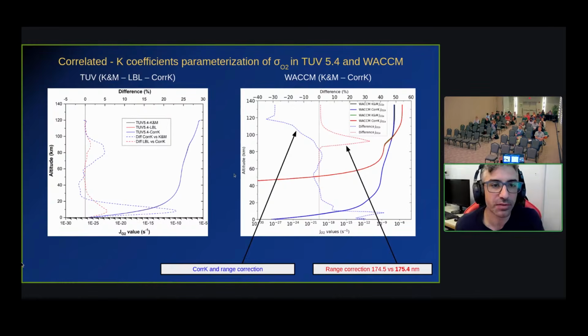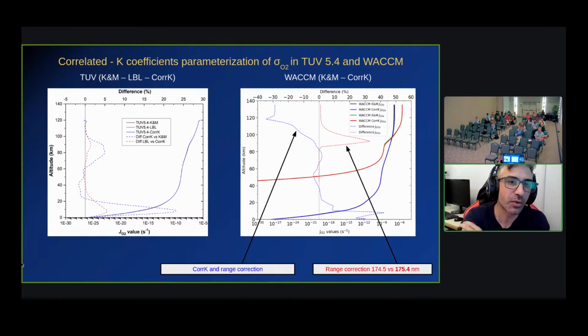So the difference we can see in this J value and the J values a is because we are amplifying the Schumann-Runge continuum range. The differences in the other vertical profiles are caused by the correlated K coefficients and the range correction.